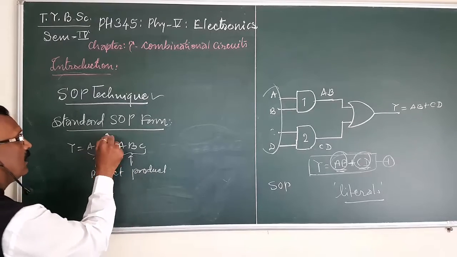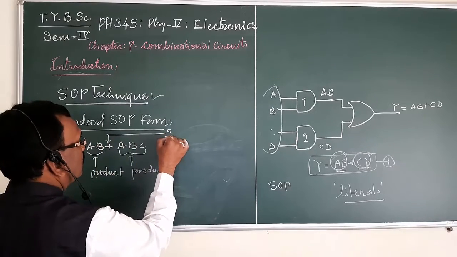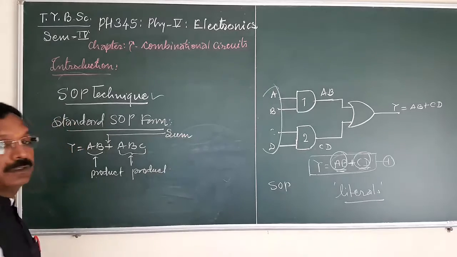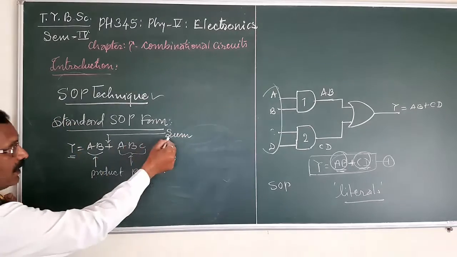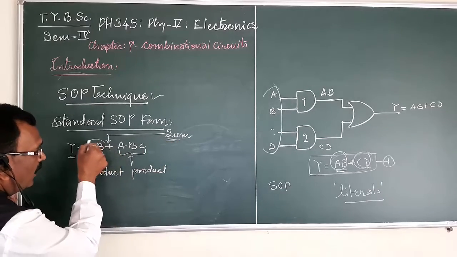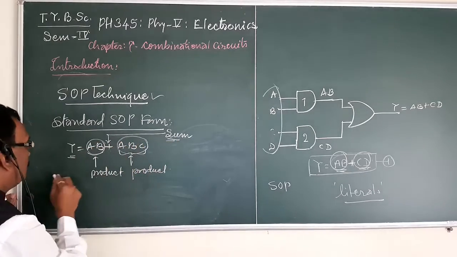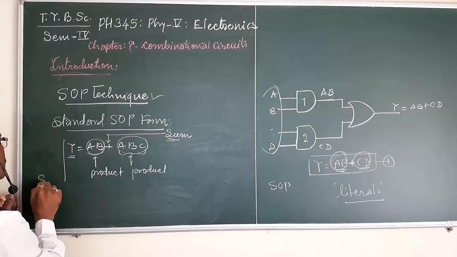But this is the sum. So Y is nothing but the sum of product AB and product ABC. So this is SOP form.